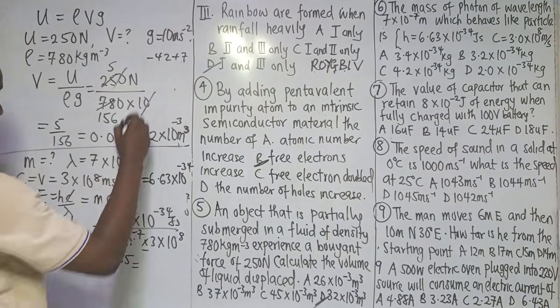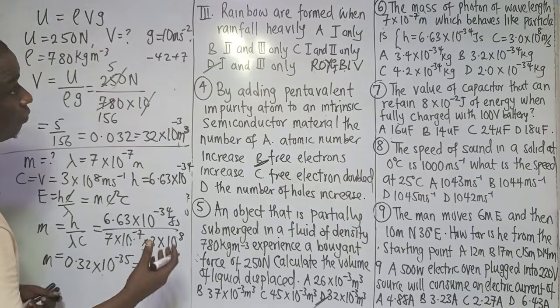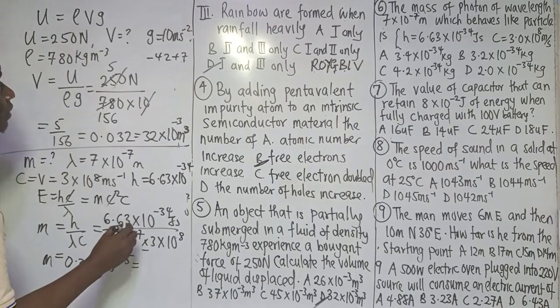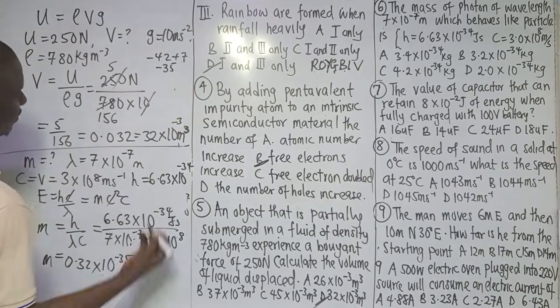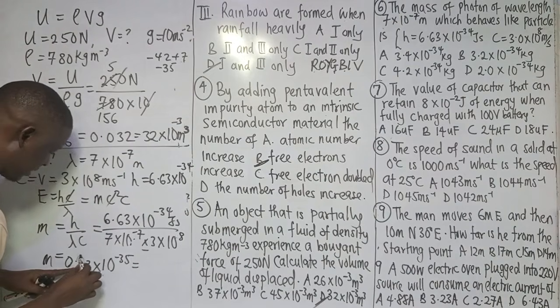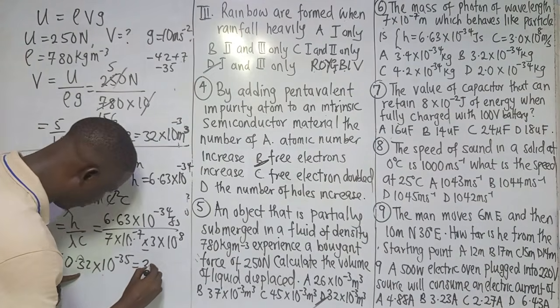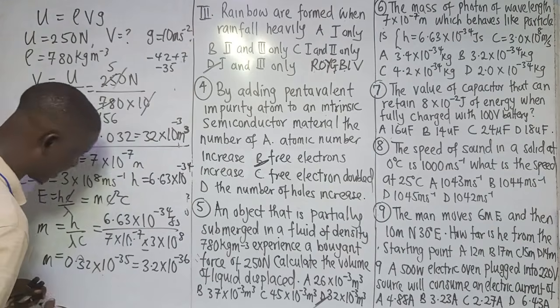That would give us minus 30, minus 33, rather. Okay, let me see. That was minus 35. So minus 35. Then if you now shift the decimal point, that will give us 3.2 times 10 to the power of minus 36. That's what I want to have.